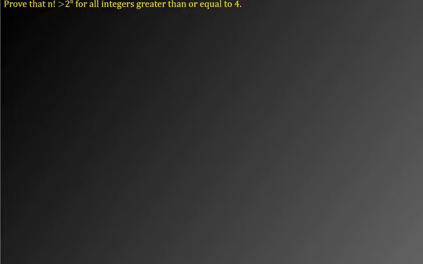So the base case is just n equals 4, because it's greater than or equal to 4. You don't need to start at 1 here because the problem says specifically greater than or equal to 4.